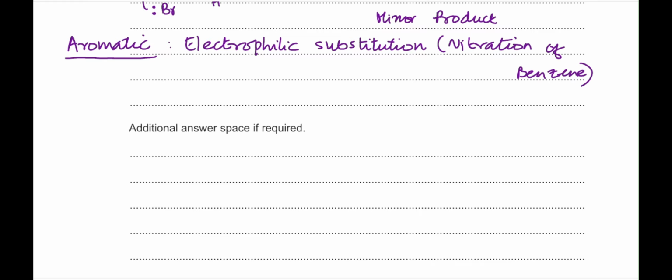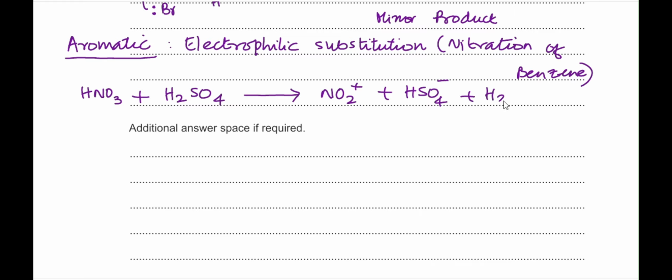Nitration of benzene is carried out by reacting with nitric acid in presence of sulfuric acid, which acts as a catalyst. Firstly, we have to write the equation for the generation of the electrophile. So that is HNO3 plus H2SO4 gives NO2 positive, which is the electrophile, plus HSO4 negative plus H2O.